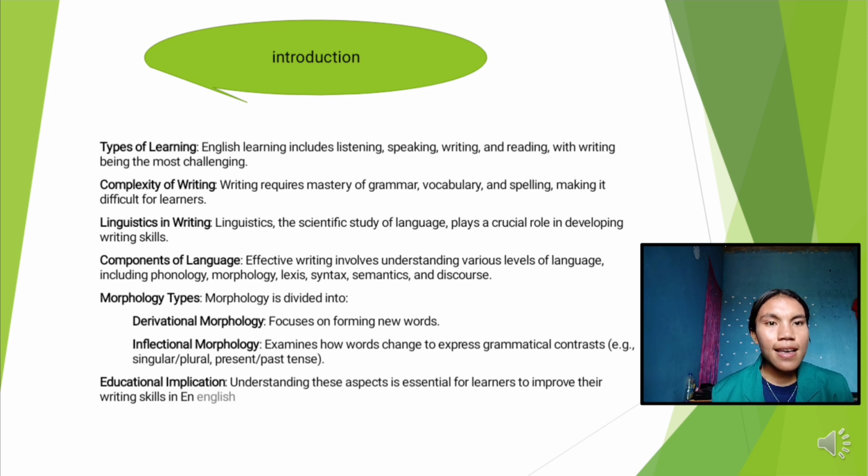It examines how words change to express grammatical categories, for example, singular to plural and present to past tense. Educational implications. Understanding these aspects is essential for learners to improve their writing skills in English.